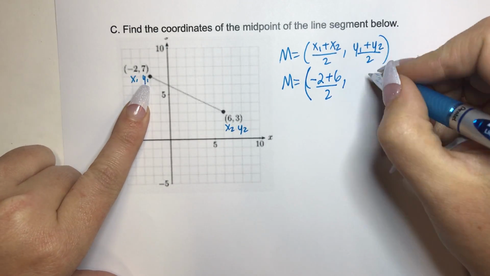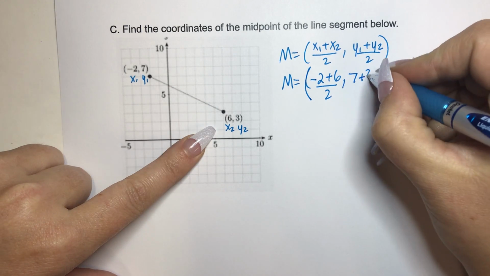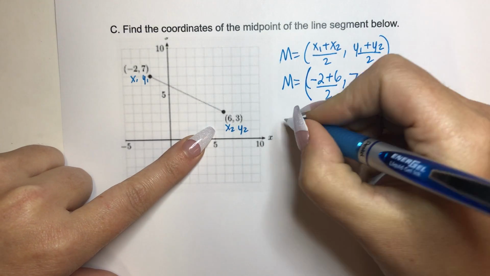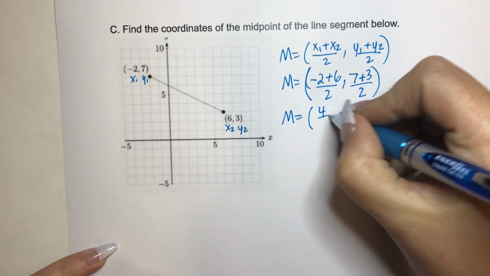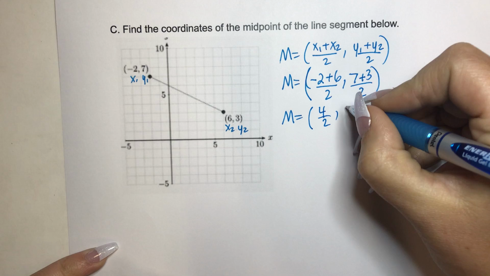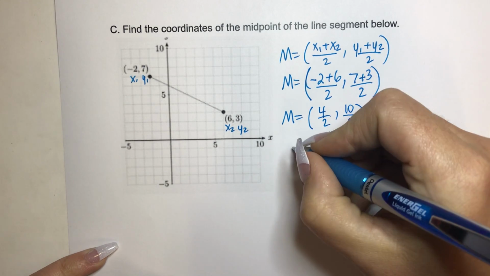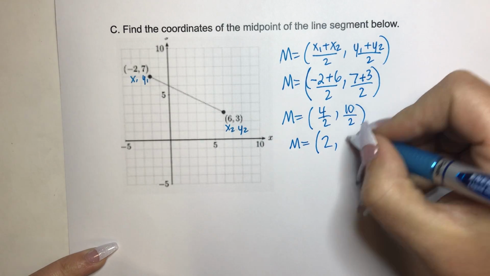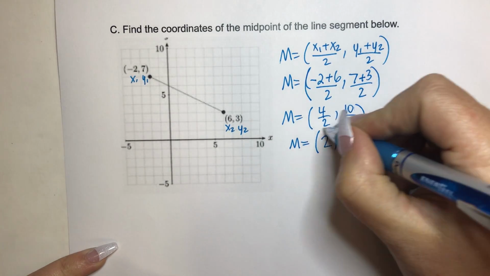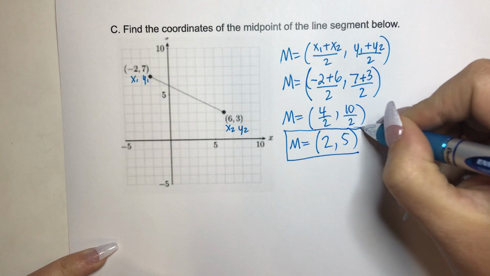And y1 is 7 plus 3 all over 2. And -2 plus 6 is 4 over 2. 7 plus 3 is 10 over 2. We end up with 4 divided by 2 is 2. 10 divided by 2 is 5. And there's our midpoint, 2, 5.